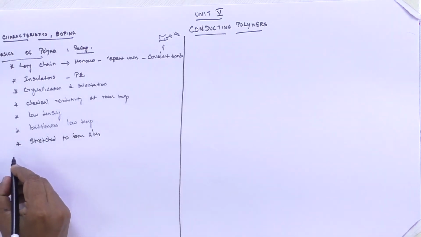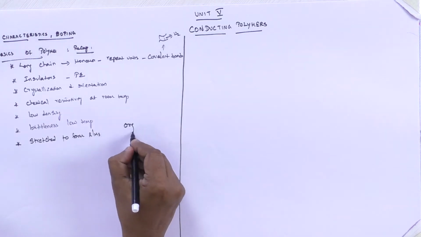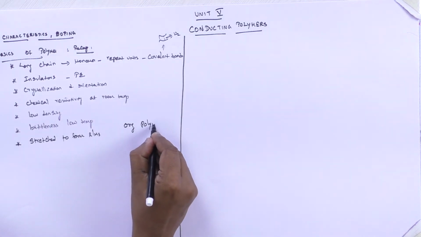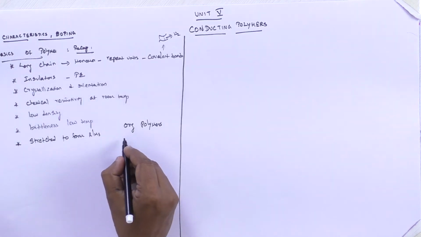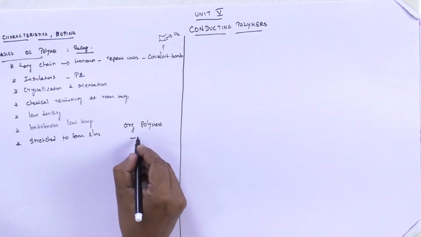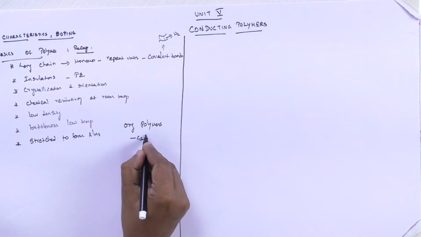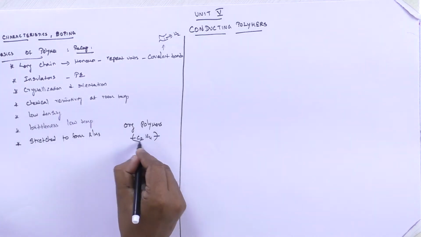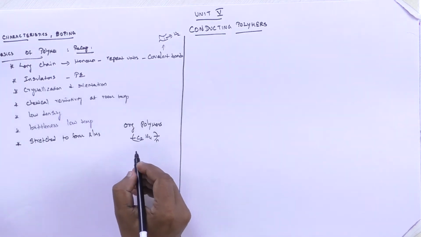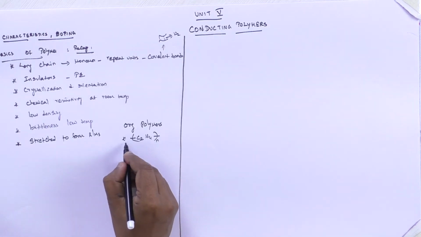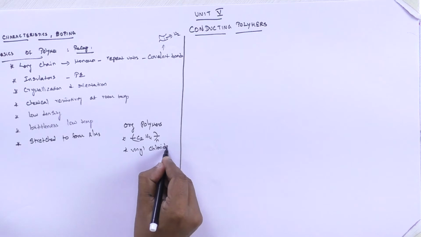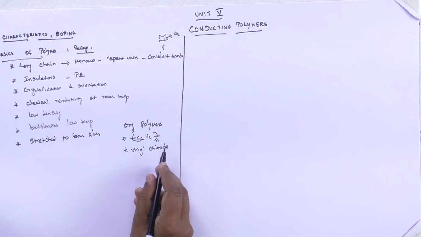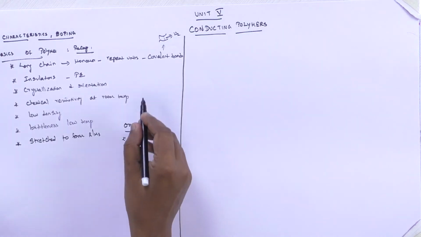Some examples of organic polymers: as I have told you, polyethylene is one of the important examples, where you have n molecules of ethylene held together. Another example is vinyl chloride, and we also have polystyrene. All these are organic polymers.